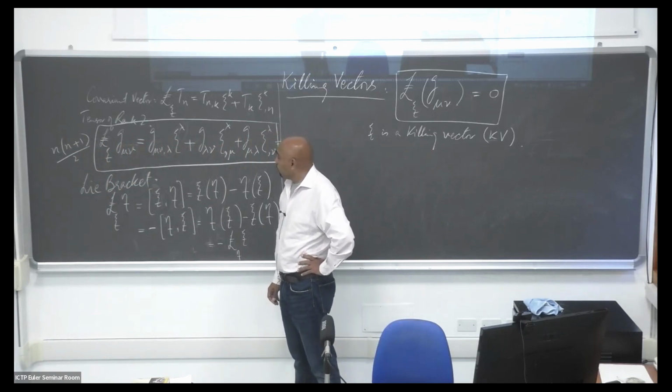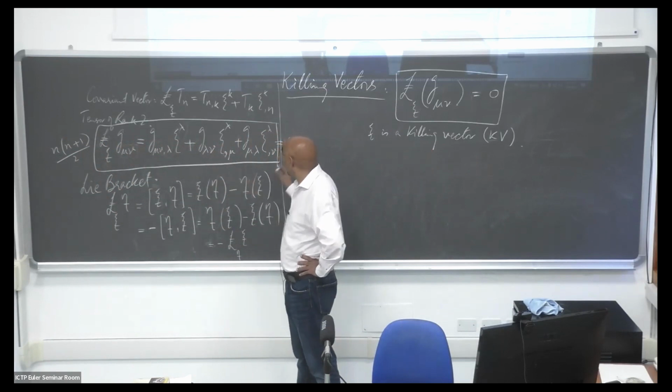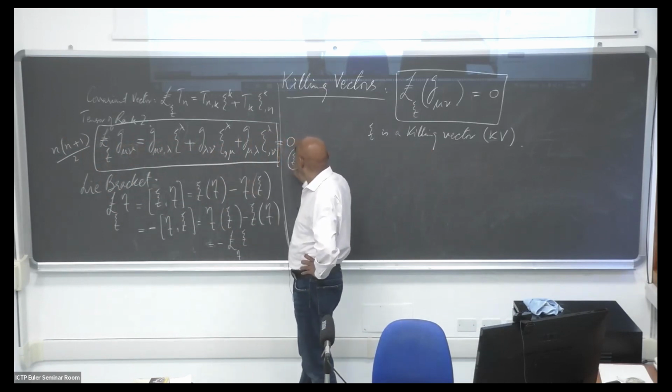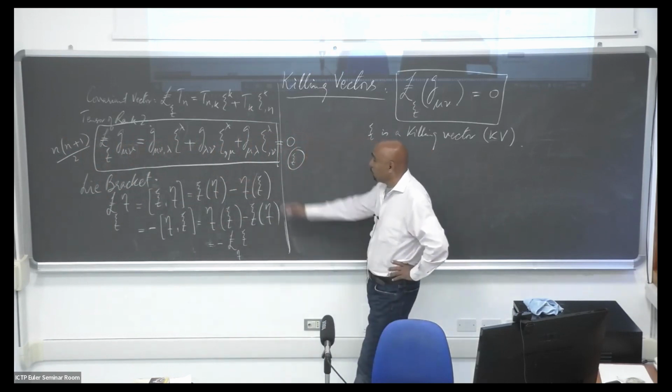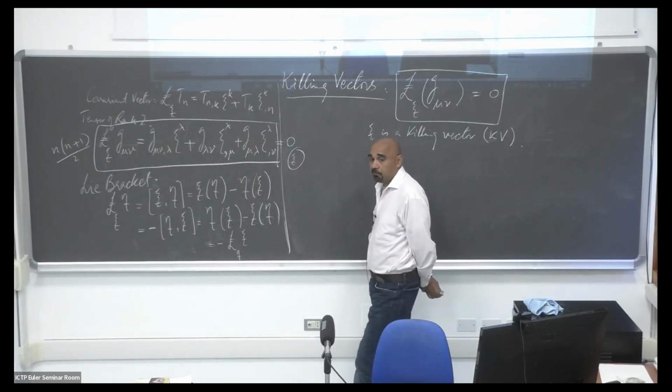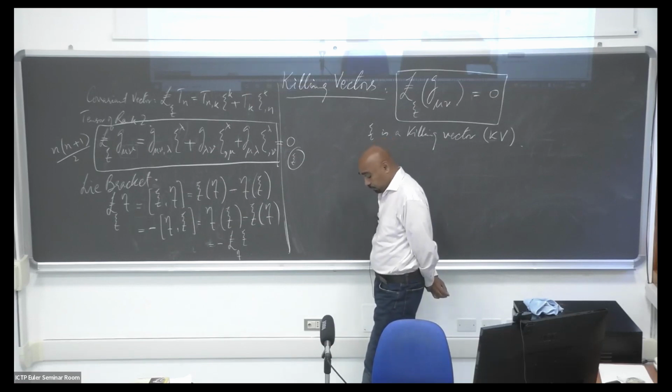What we are solving for is this xi vector, which is the Killing vector. We know the metric tensor for the space, and we construct this set of equations. We solve it for the vector xi. We get a solution, we get the generators.